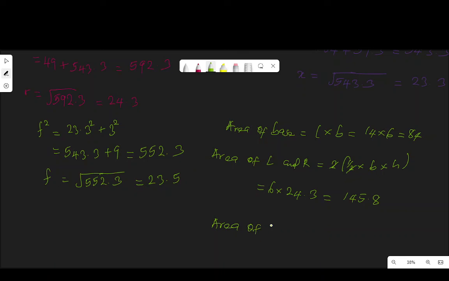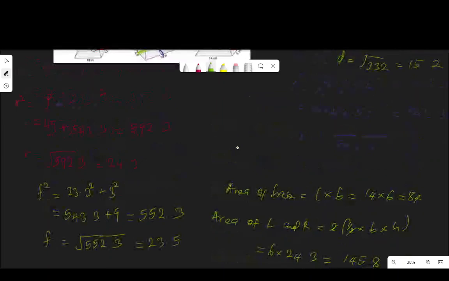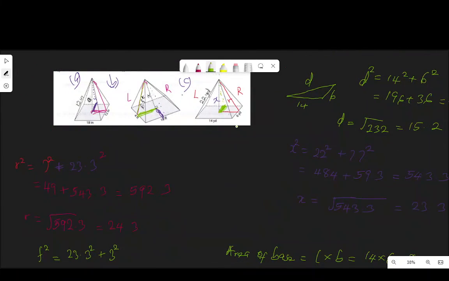And then the area of front and back triangle again is 2 multiplied by half times base times height. These two can cancel these two. The base of the front and back triangle is 14 yards.